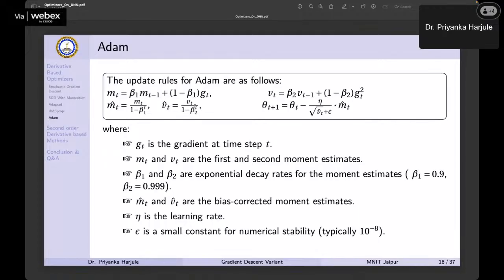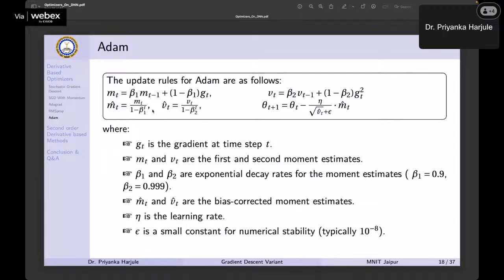So Adam computes the exponentially weighted moving average of the gradient, MT, the first moment estimate, and of the squared gradient, VT, the second moment estimate. And these are the recursive formulas for the first moment and the second moment.